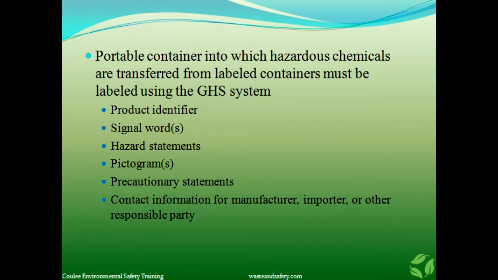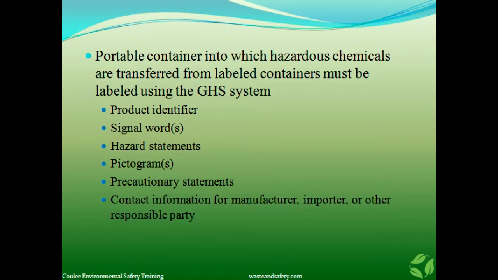This means the label must contain the product identifier, signal words, hazard statements, pictograms, precautionary statements, and the name, address, and telephone number of the chemical manufacturer, importer, or whoever the other responsible party may be.